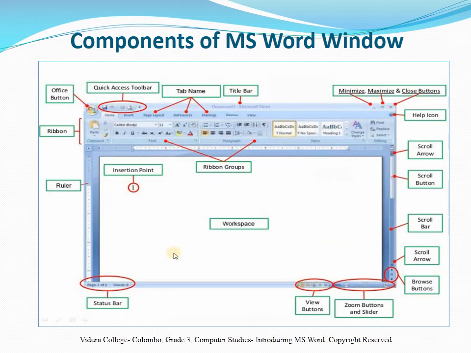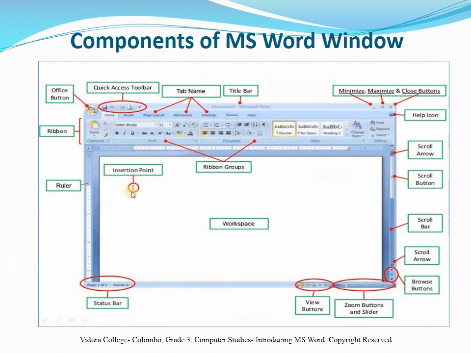Then view buttons and status bar. The status bar shows the number of pages and the number of words which are in the current document. And these are the two rulers we have.